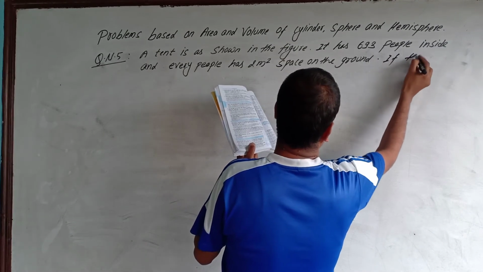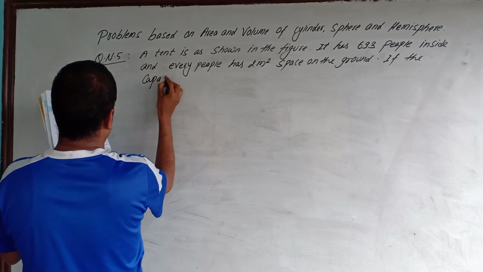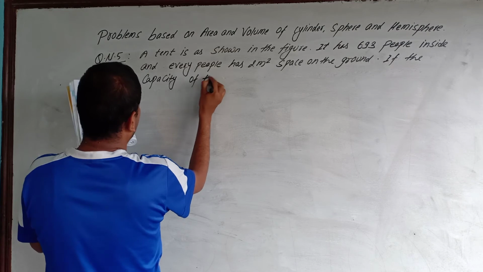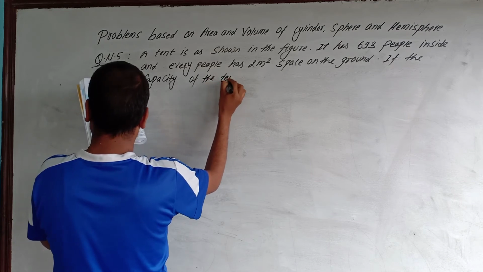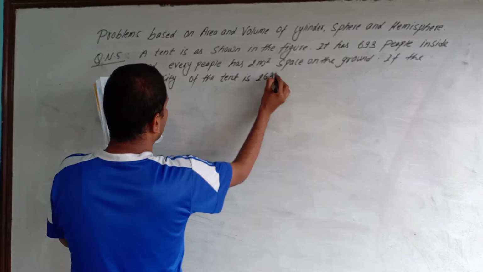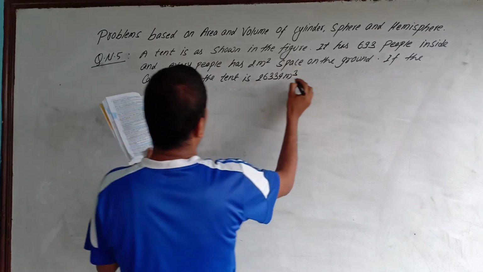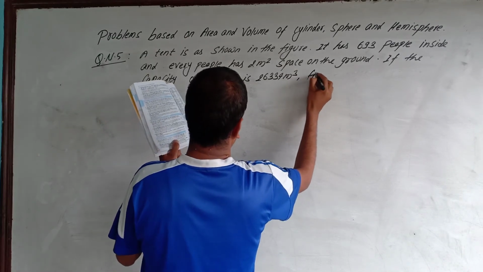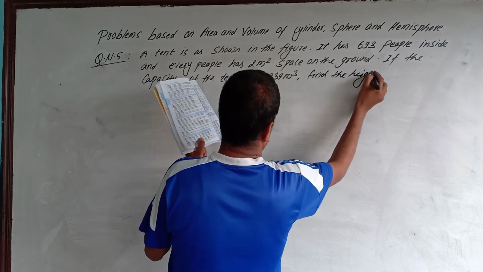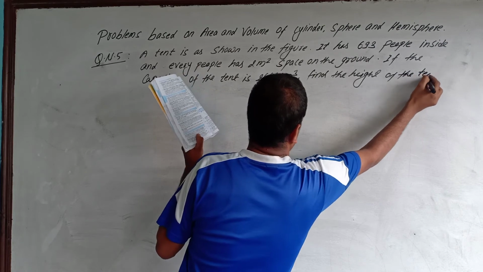If the capacity of the tent is 26334 meter cube, find the height of the tent.